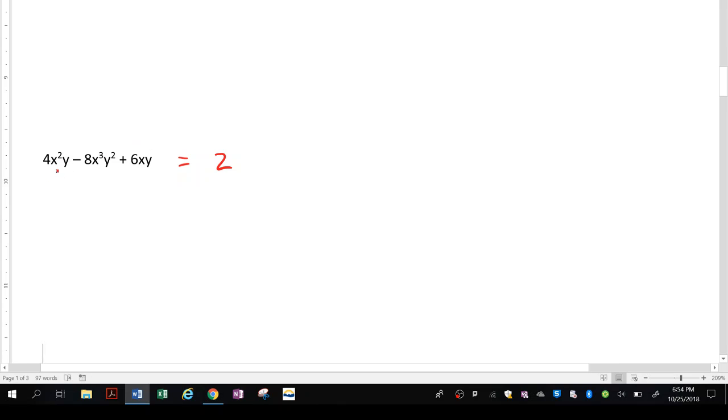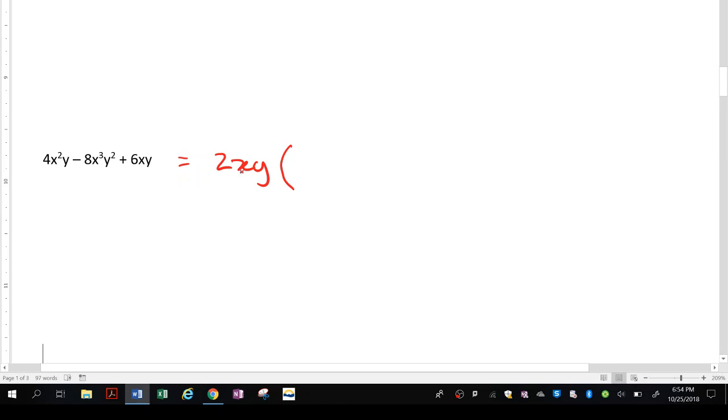But you'll notice that all 3 terms also have an x and a y. Now this has an x squared y on the first term, the second term has an x cubed y squared, and the third term just an xy. So the greatest common factor of all 3 of those terms would be 2xy.